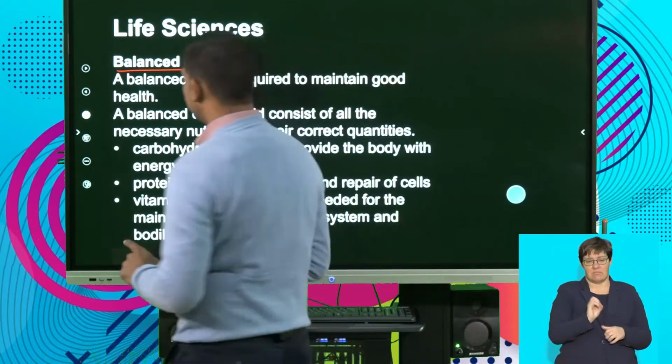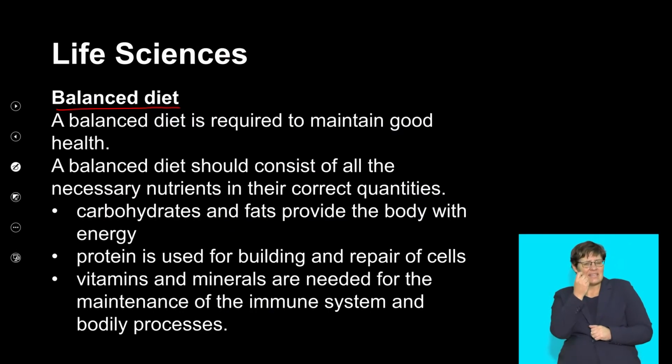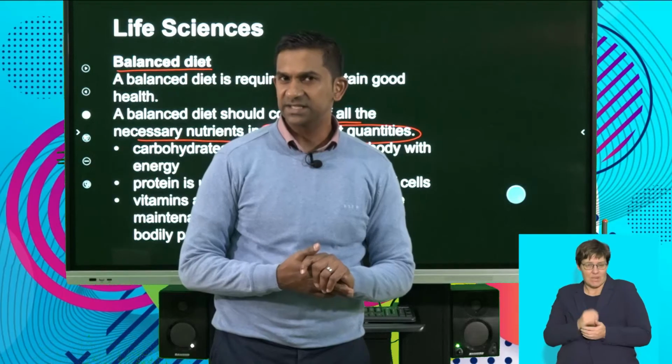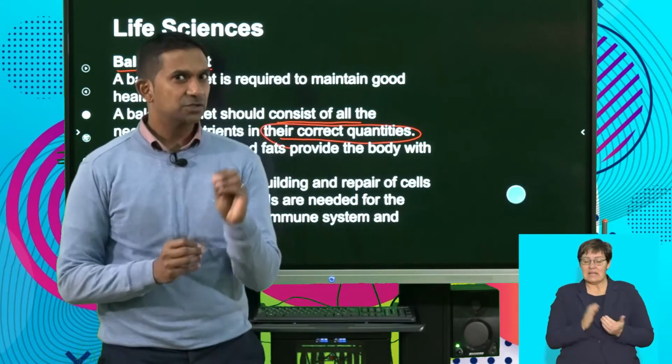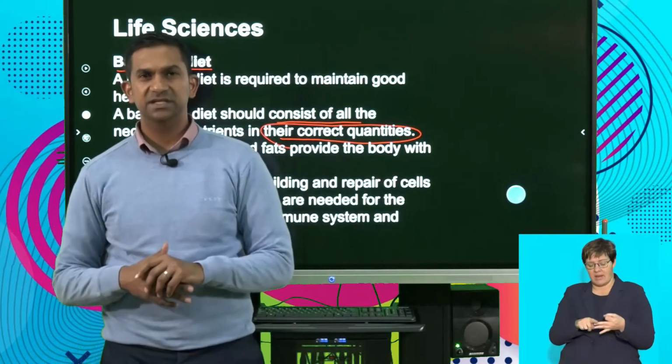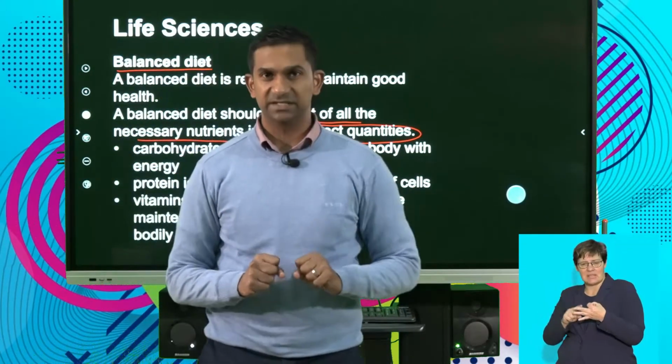So let's try and unpack what a balanced diet is. A balanced diet should consist of all the necessary nutrients in their correct quantities. What does that mean? It means that there are certain nutritional groups, carbohydrates, proteins, fats and lipids, that are needed on a daily basis.